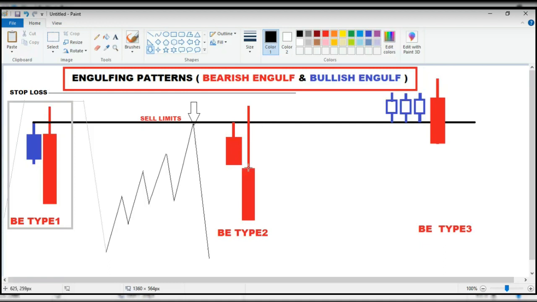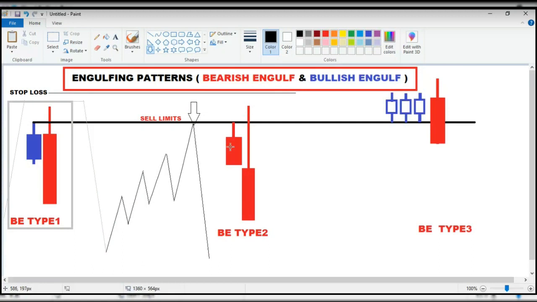Regarding the bodies, you will find this small red candle wick, and you will have the body here. Sometimes it will also be like a dodgy cross candlestick, maybe with a tiny body, and then it has wicks like a spinning top or a cross.